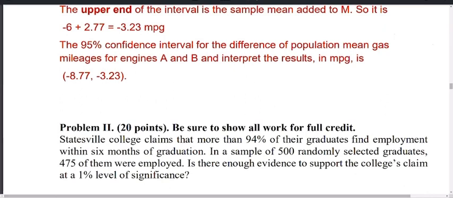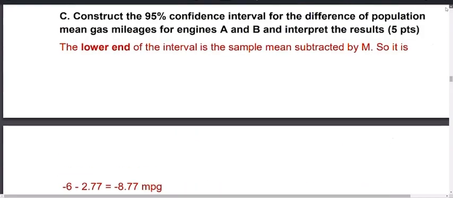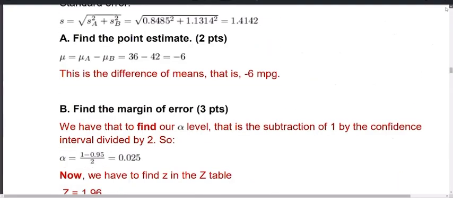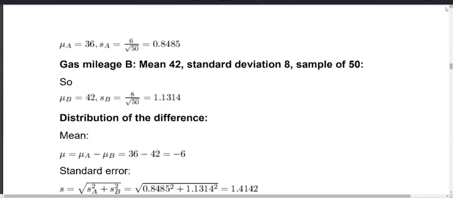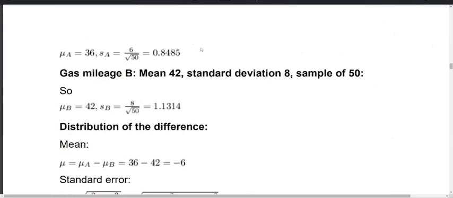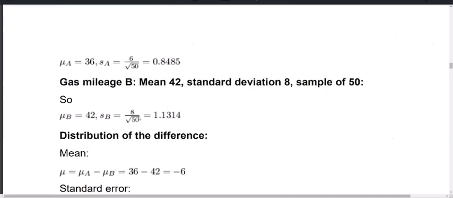Someone asks: wouldn't the sample size for B be 75 as given in the question and not 50? Let me see what you mean. If you're talking about this, I used 50 and 50, right?